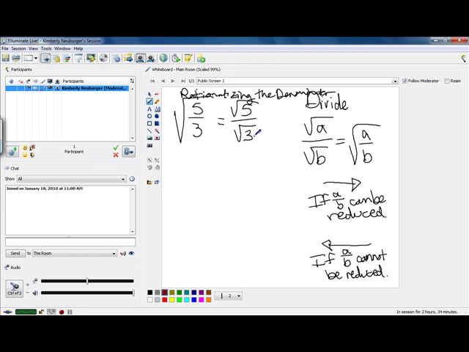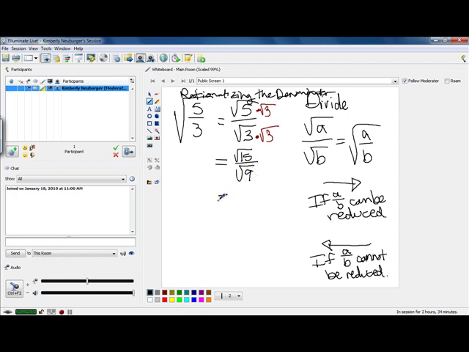And the smallest perfect square 3 goes into is 9. So if I multiply the bottom by square root of 3, that will give me my square root of 9, which will make it so I can rationalize that and turn it into a whole number. But if I multiply the bottom by square root of 3, I need to multiply the top by square root of 3. So in doing that, I get square root of 15 over square root of 9.